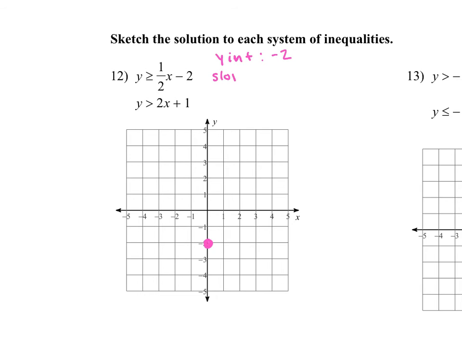Next, we need our slope. What's our slope? 1/2. So our rise is 1 and our run is 2. So we go up 1 to the right 2. Do we connect these 2 points with a solid line or dotted line? Solid.